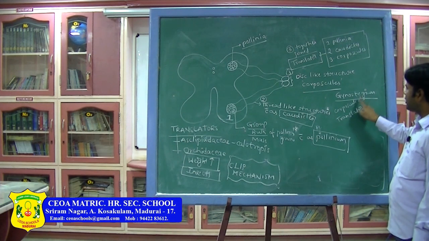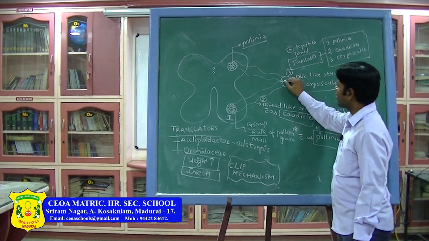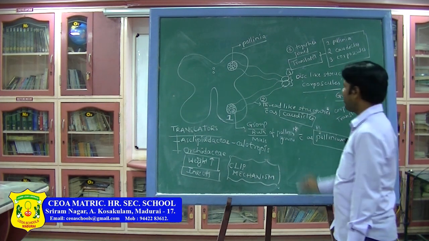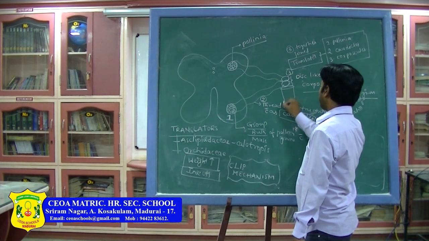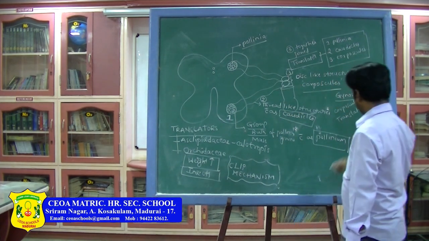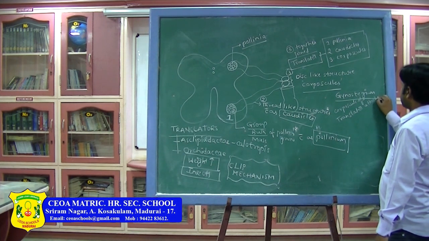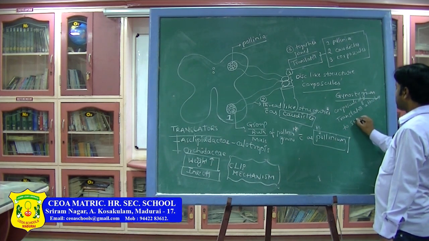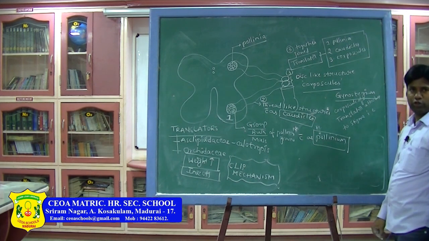What is gynostegium? Corpuscle of translator. Where is the corpuscle? This is the corpuscle of the translator. When the corpuscle of the translator attaches to the stigma, then that is said to be gynostegium.